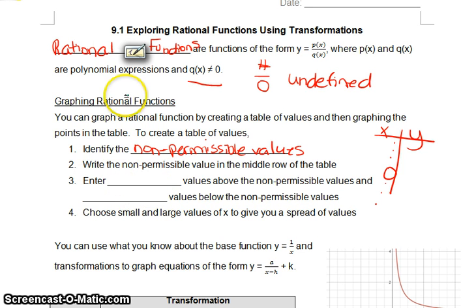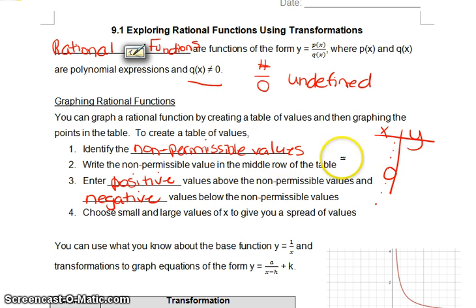The third step is to enter positive values above the non-permissible value, so say 1, 2, or 3, and also enter negative values, say -1, -2, -3.